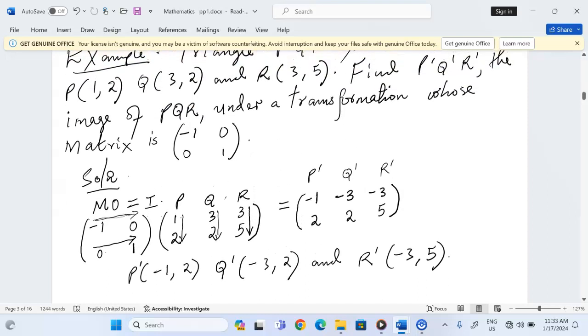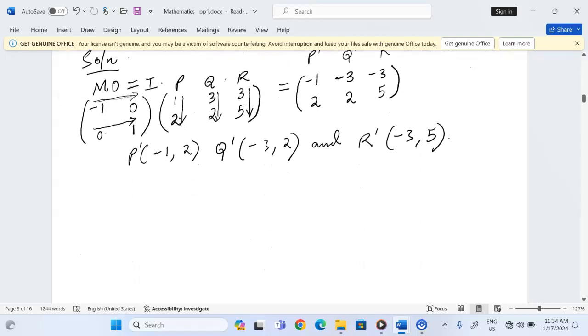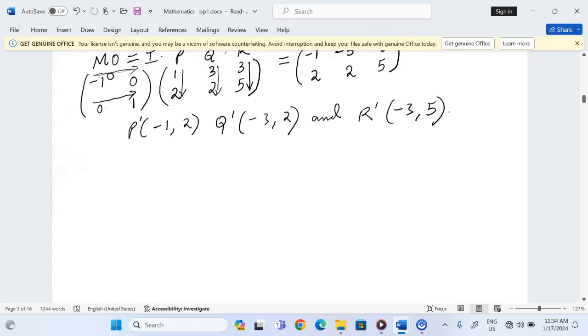Assume you had been told, apart from finding the image of this triangle under a certain transformation, to describe the transformation. Now we have to plot the two together on a Cartesian plane.